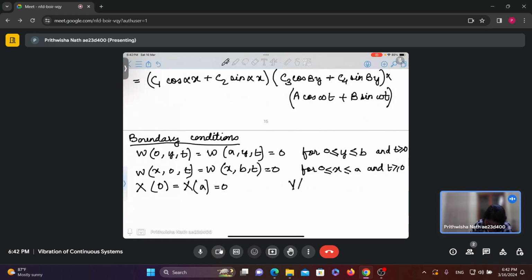Similarly, capital Y at 0, capital Y at B equals 0. So, what can we say from this?